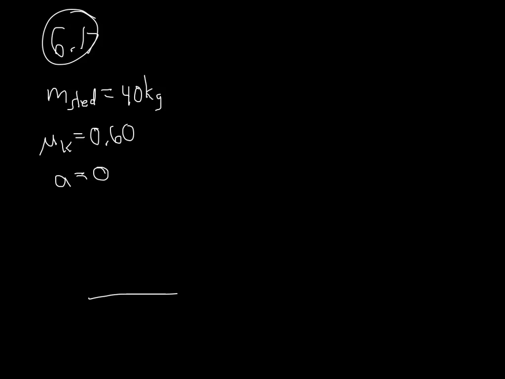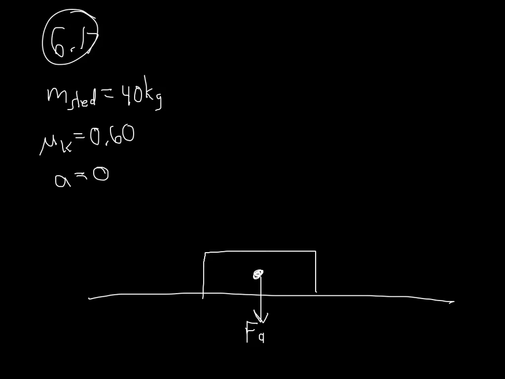So let's draw a picture. Instead of the little girl pulling on the block, it's just a big block. I don't draw nice pictures. We have some forces acting on this sled. What forces are acting on the sled? Gravity. Gravity is going down, and that's going to be Fg.